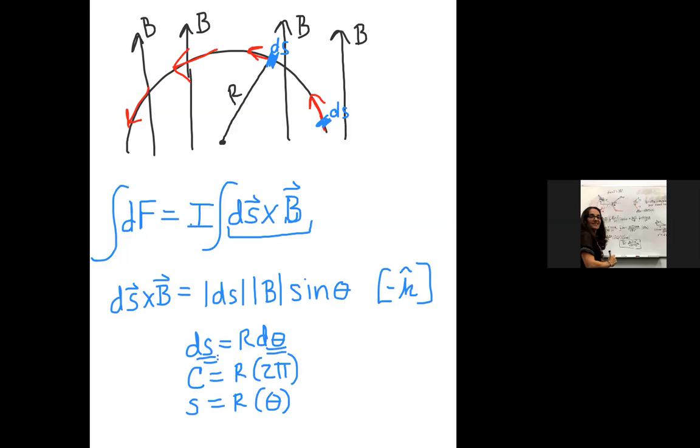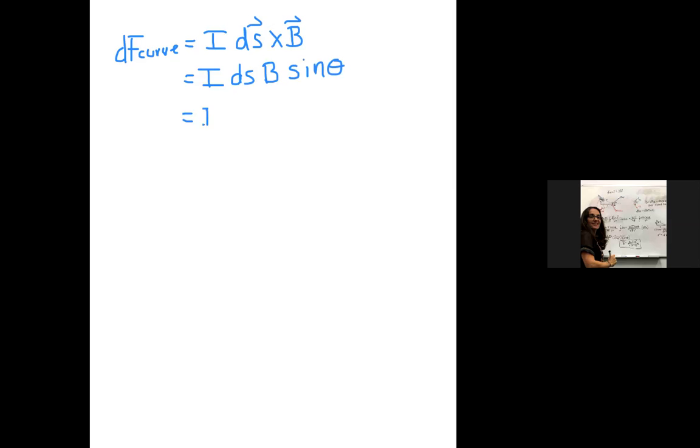Okay, so let's replace that ds with r d theta. So that our dF of the curved part is I ds crossed into B, which is I times ds times B times the sine of theta, which is I times r d theta times B times the sine of theta.